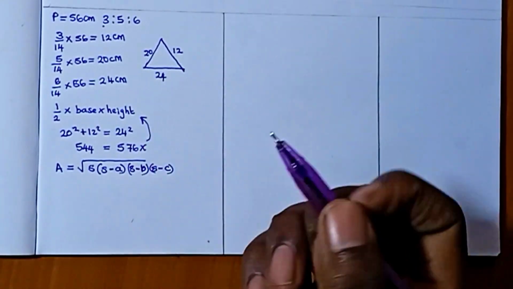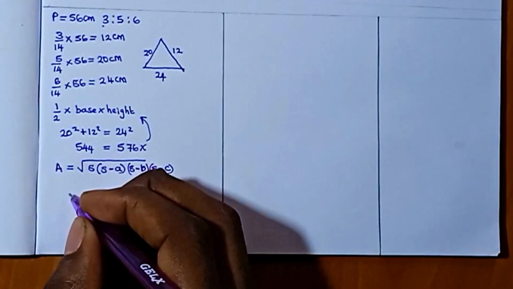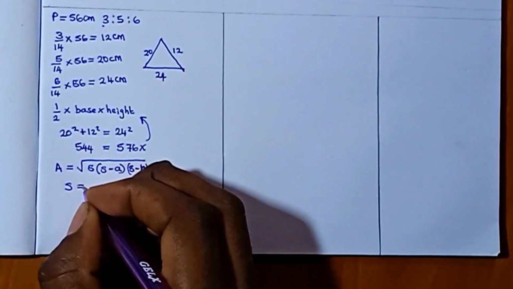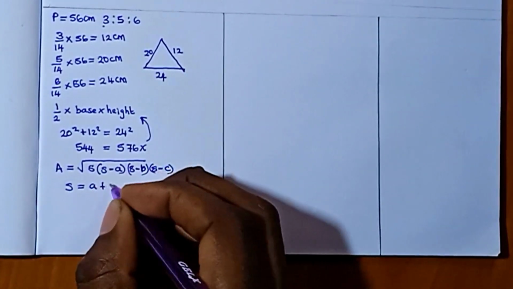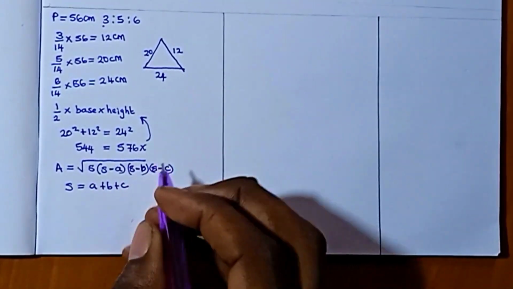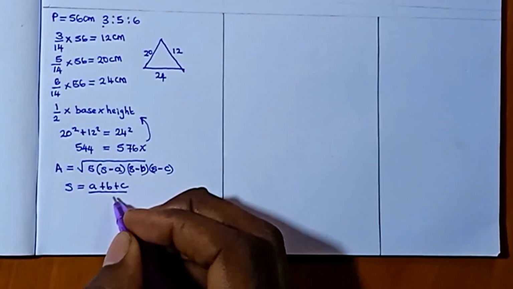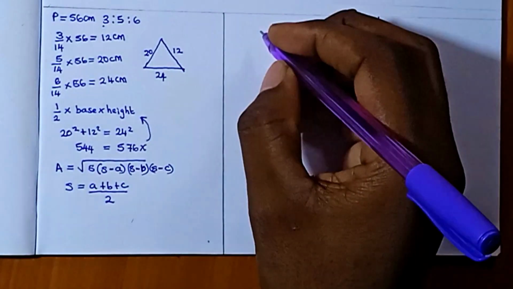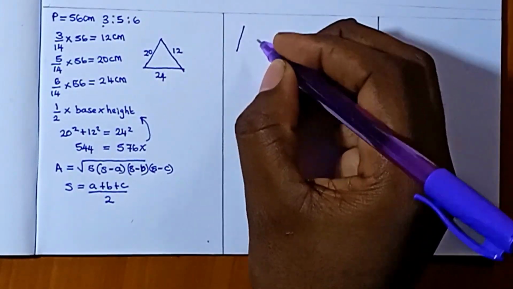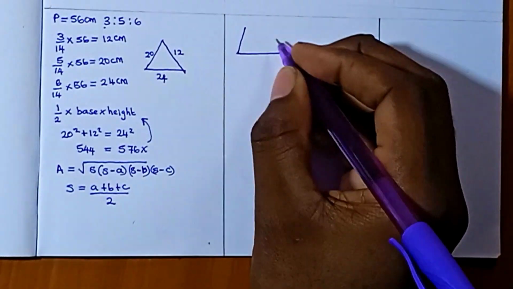And s is equal to a plus b plus c, which is the perimeter, divided by 2.